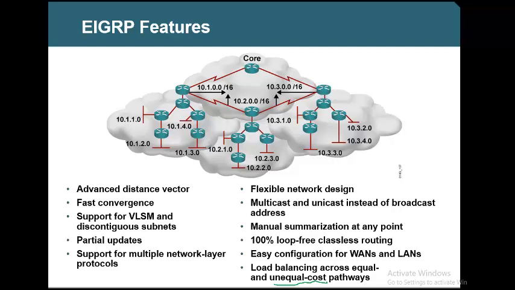All other protocols except BGP can load balance if the metric is equal. If the cost is equal, RIP, OSPF, IS-IS, EIGRP, they do share the packets across the multiple paths.